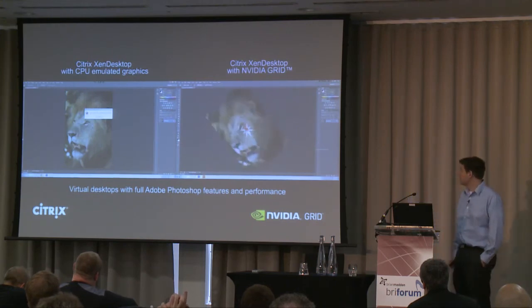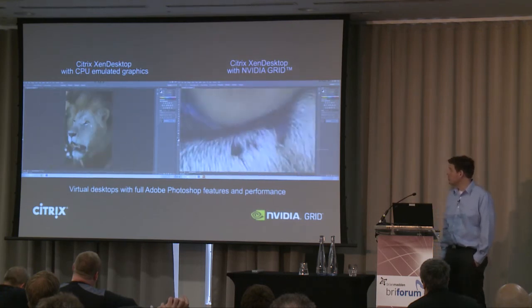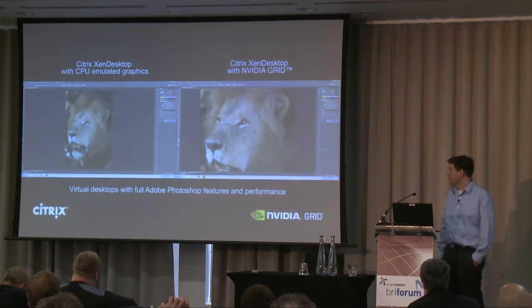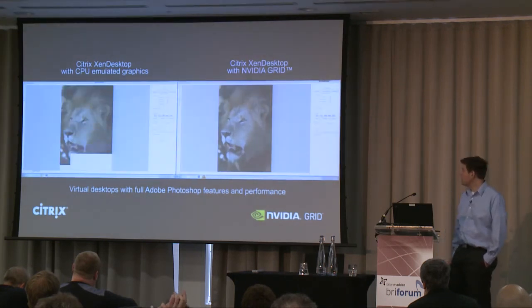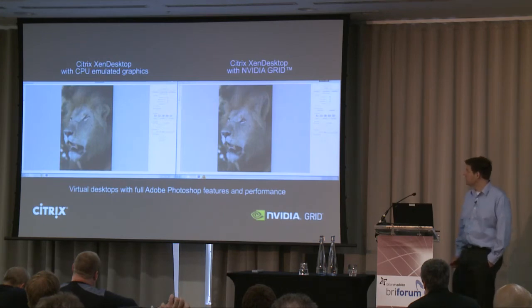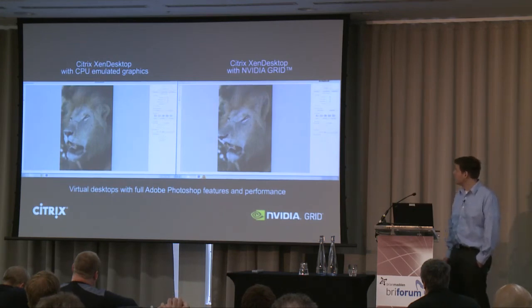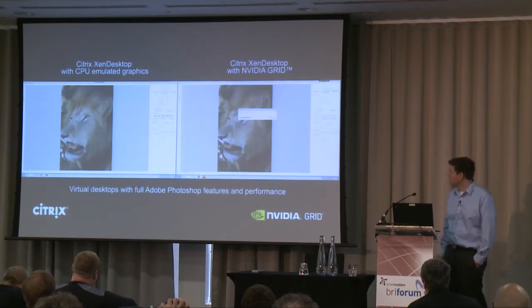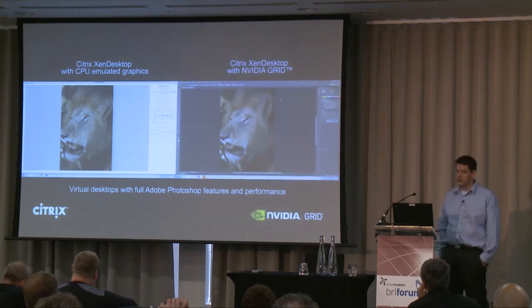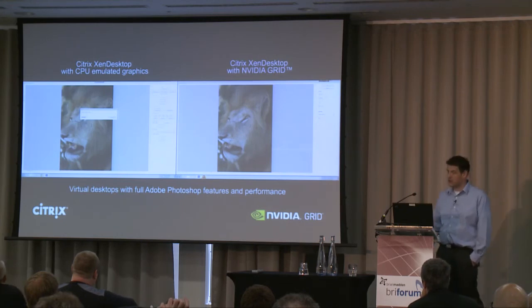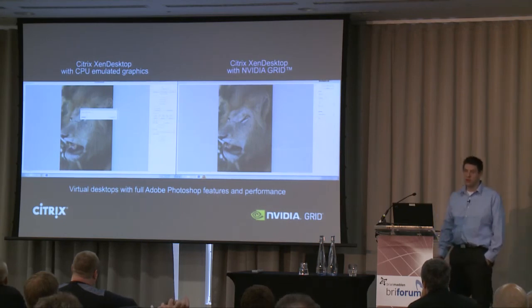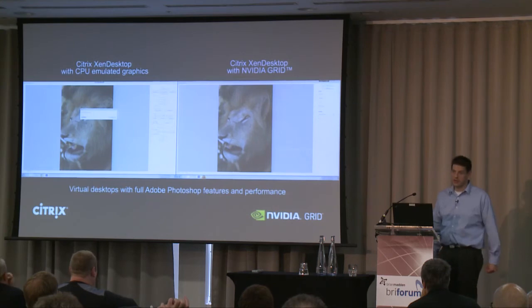Again, this is a recording of 2 VDI sessions. On the left-hand side, the no GPU version is CPU emulated graphics. On the right-hand side, you have it running on GRID. Clearly, it runs, but the experience is quite different. We saw earlier that whenever you use OpenGL calls, the no GPU version will give you an error message and tell you that it can't do certain things, especially if you use effects which use OpenCL.